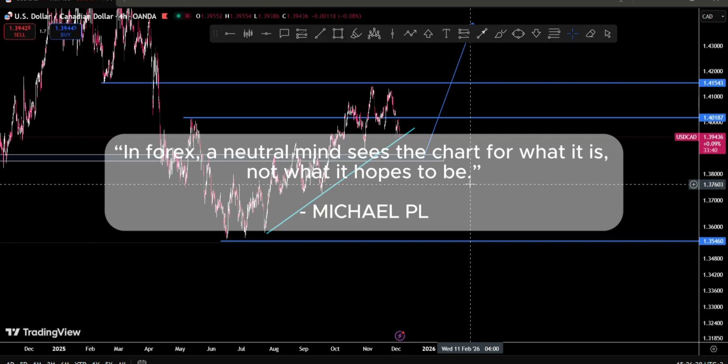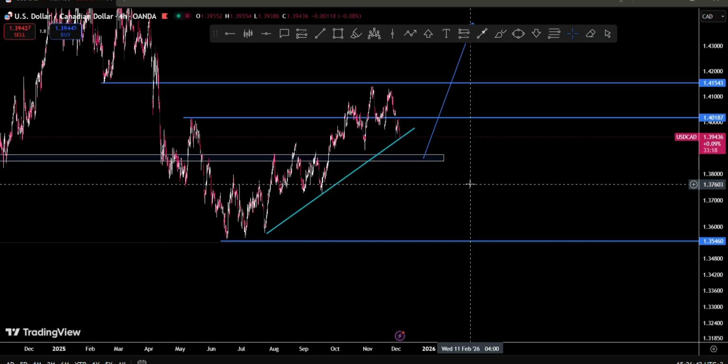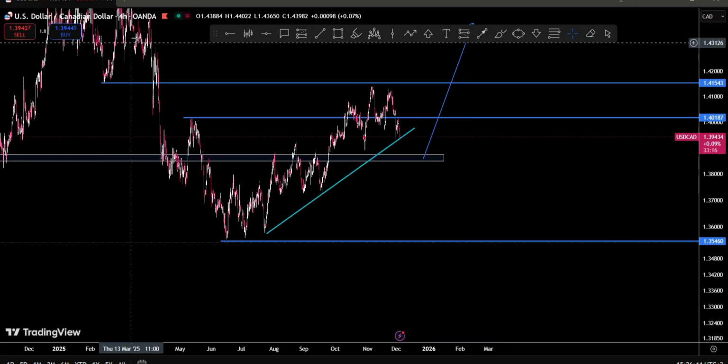You must have a neutral mind. You must have that mindset. The market can go down, the market can go up, anything is possible. So if the market is giving you a sign that it's going to go down, you take it. You take that opportunity, you take that information to your advantage. Likewise in the opposite direction.